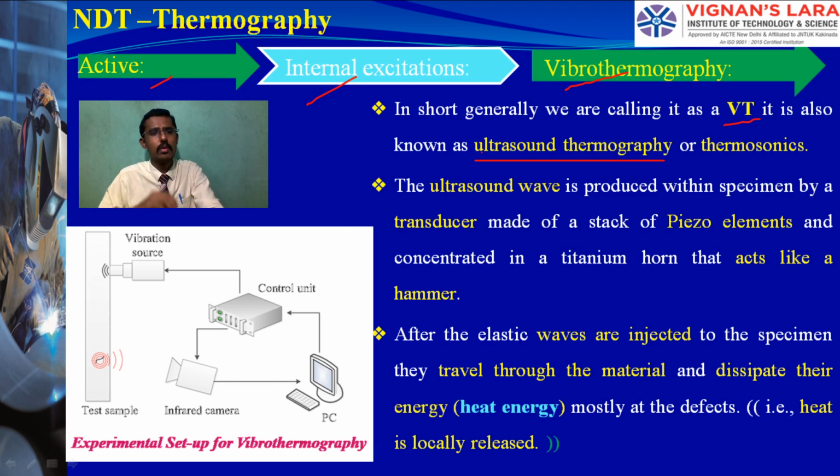It will be uniform and distributed over the specimen. Where the crack is, it jumps; the heat reduces or increases, a change in heat will happen there. That we need to identify through the camera. Otherwise, it is called thermosonics.